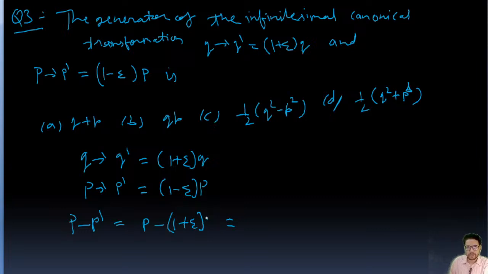So if this value is going to be minus, PP will get cancelled, so minus epsilon P. Similarly, Q minus Q dash.